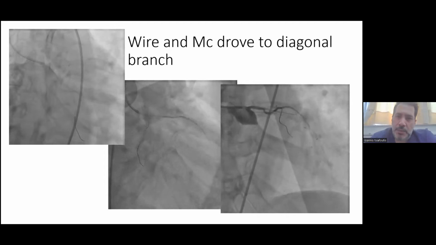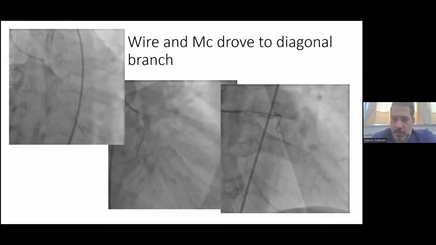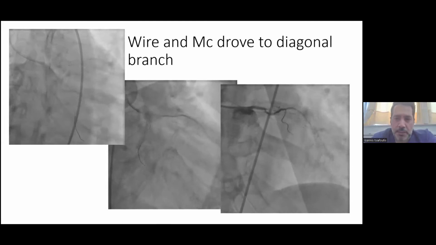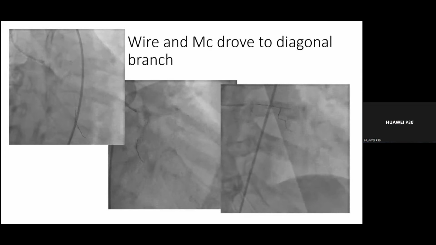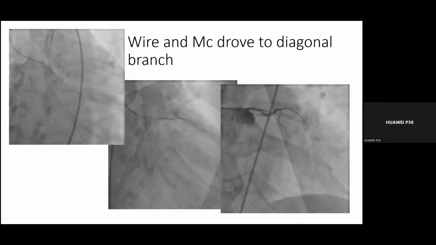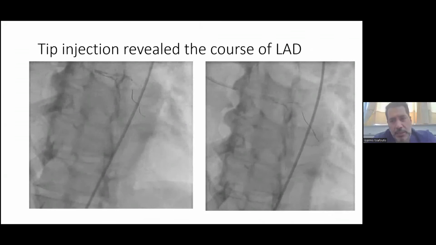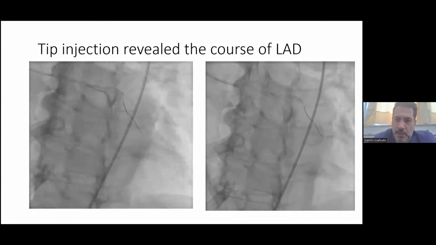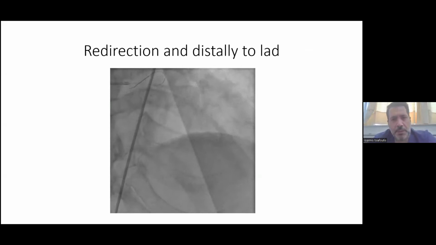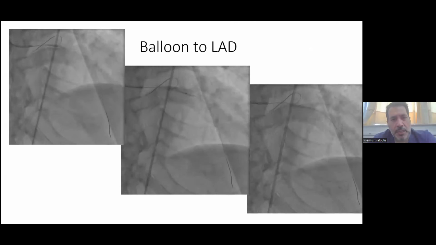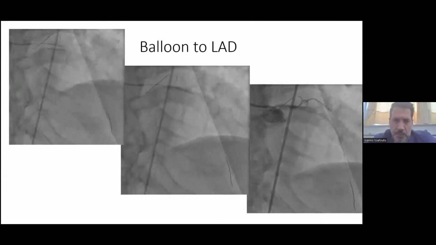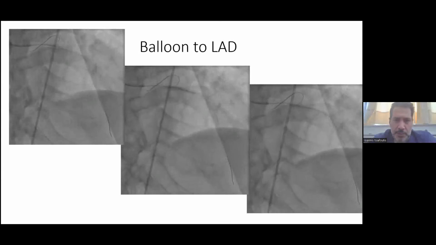We did a tip injection from the microcatheter that revealed that we were in the diagonal branch, and then we redirected our wires and went distally to the LAD more easily than we expected. After that, we did ballooning.